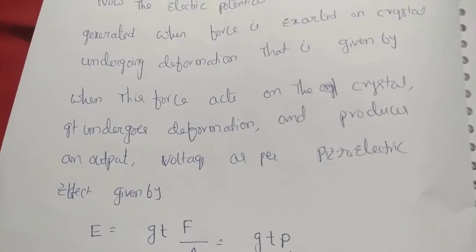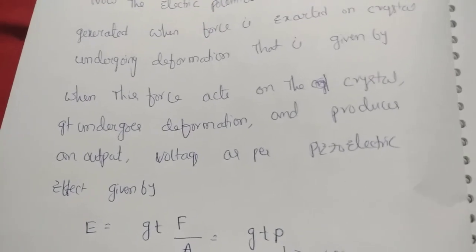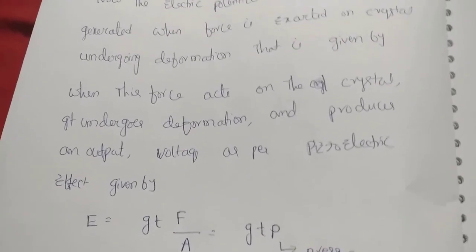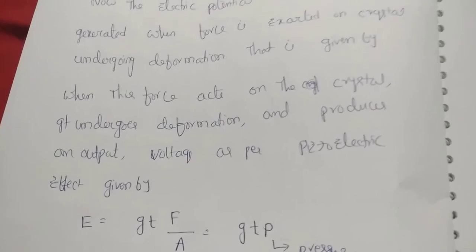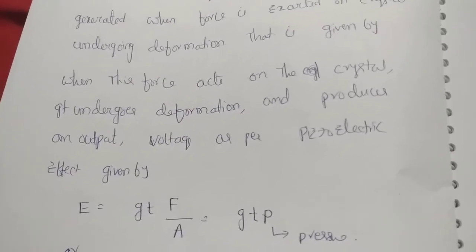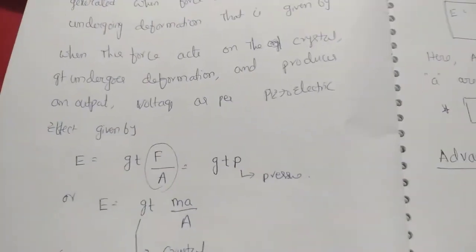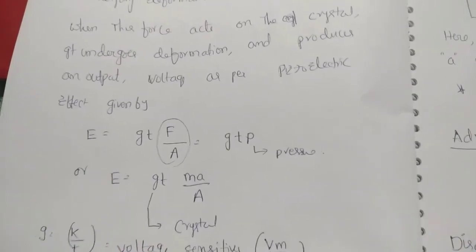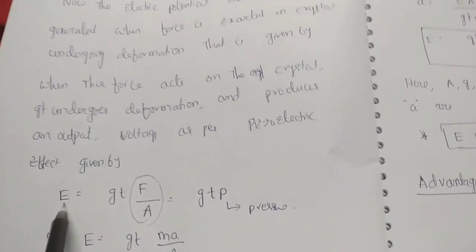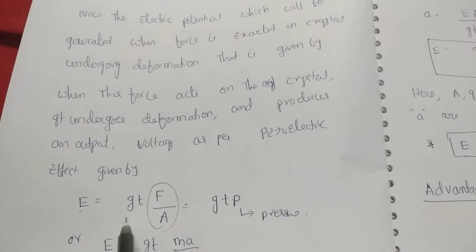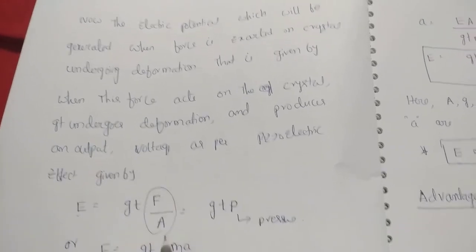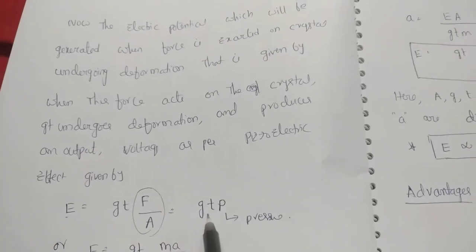It produces the output voltage depending on the deformation of the crystal, the pressure applied across the material. The voltage as per the piezoelectric effect is given by the formula E equals g t into F by A. F by A is nothing but pressure. So when we apply pressure across the crystal and it deforms, the output voltage E is generated. It depends on g t F by A. Simply we can call it g t P.